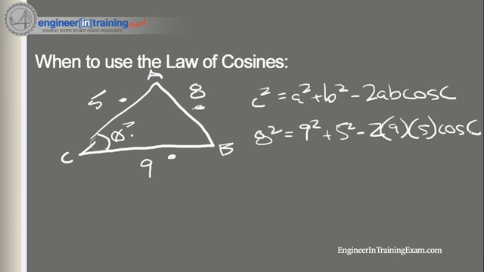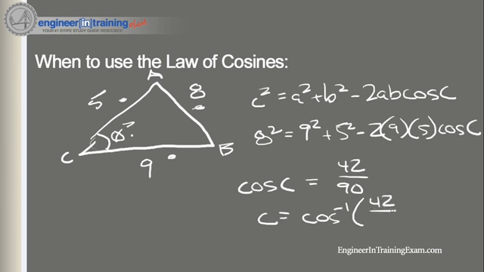And then all you need to do now is calculate it out using a calculator, and you get down to the point where cosine of C is equal to 42 divided by 90. And then to determine what C is, just take the inverse cosine. So C is equal to cosine to the negative 1, or inverse cosine, of 42 divided by 90.